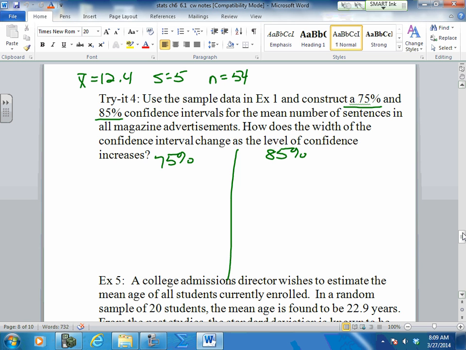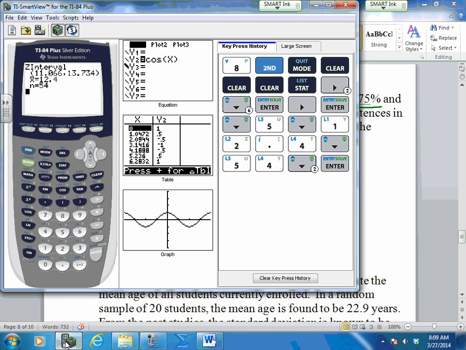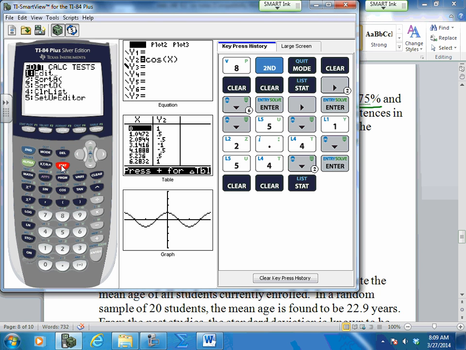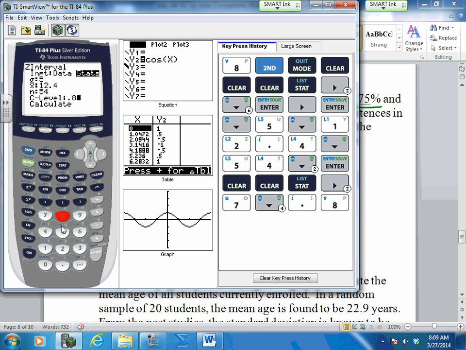So you're going to go to your calculator. You're going to go to test. You're going to come down to number 7. And you're going to put your data in, which was in from before, unless you changed it. You're going to change this to a 0.85.